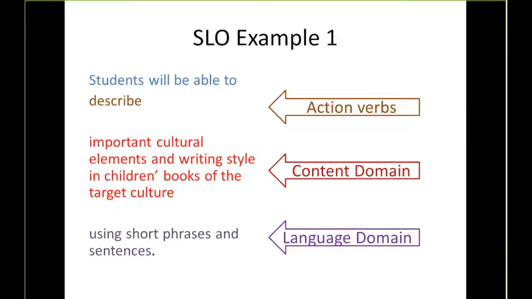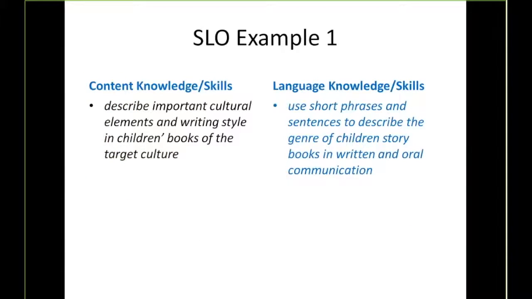So describe is the action verb, the red part is the content domain, and the purple part is the language domain. Then everybody is asked to write your SLOs on your blueprints, so you can see the content knowledge and the language knowledge. If you look at them separately, you can see the content knowledge and skills. We can say: describe important cultural elements and writing styles.